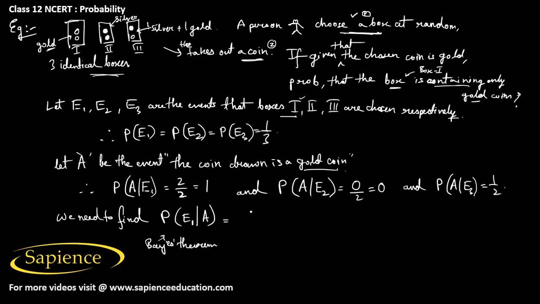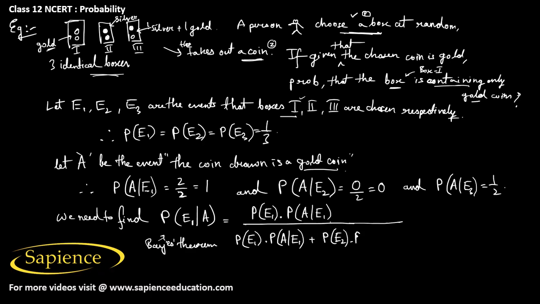So that will be the probability that box 1 is chosen times the probability that a gold coin is chosen from box E1, divided by the probability that we choose box 1 times the probability that a gold coin is chosen from box E1, plus the probability that box 2 is chosen times the probability that a gold coin is chosen from box E2, plus the probability that box 3 is chosen times the probability that a gold coin is chosen from box E3.